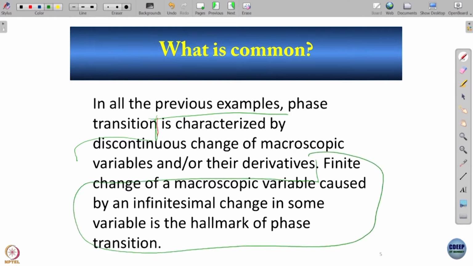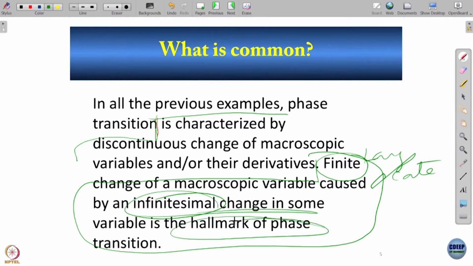So, the thing to know: a finite large-scale change due to an infinitesimal, small change in some variable, and this is the hallmark of phase transition.